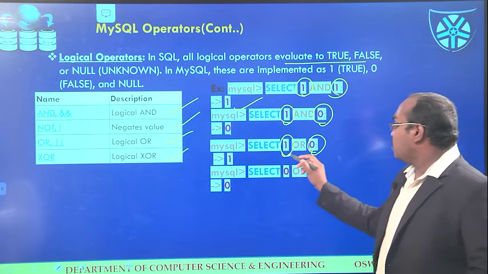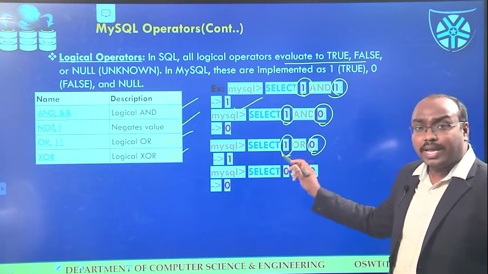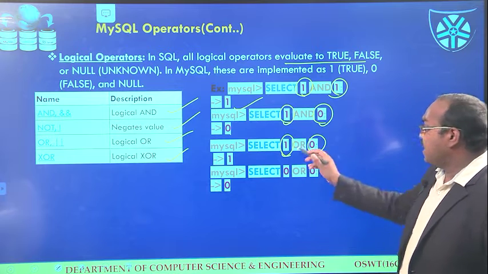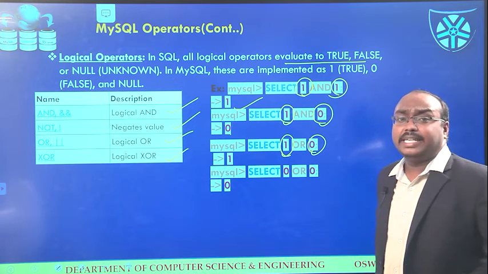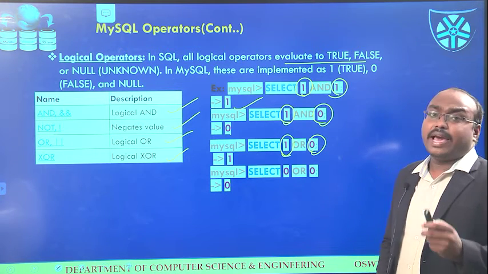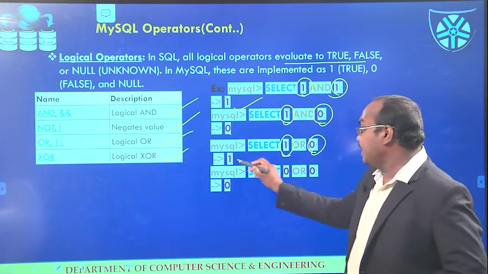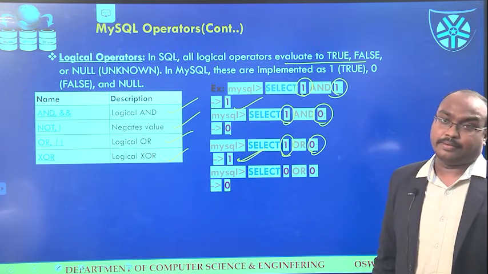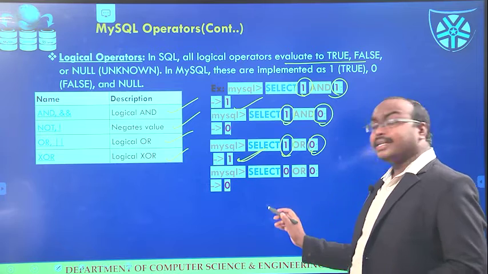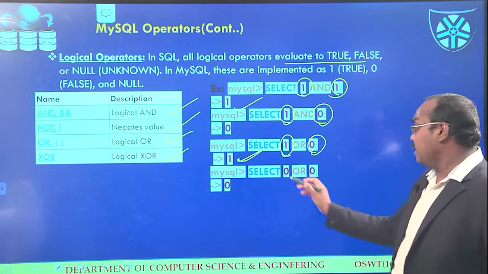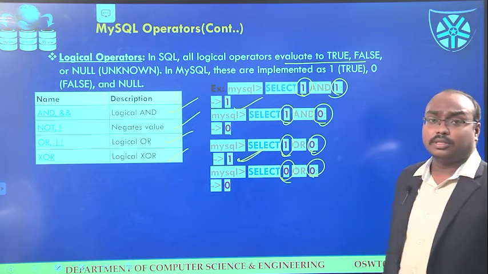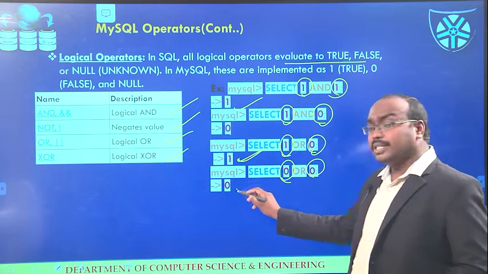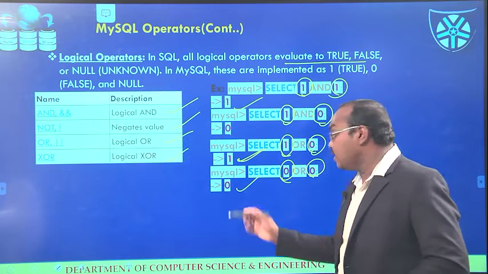So select 1 OR 0. In the logical OR operator, if any value is true, then the result is true. So finally it returns the value 1. And the next, select 0 OR 0. Here both values are false, so the query results false, which is nothing but the value 0.